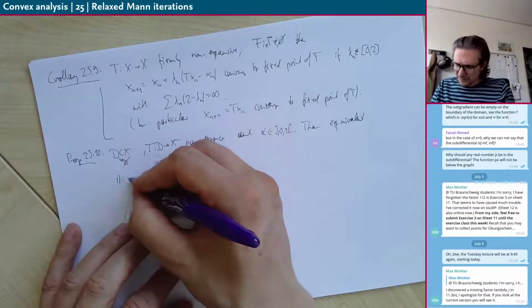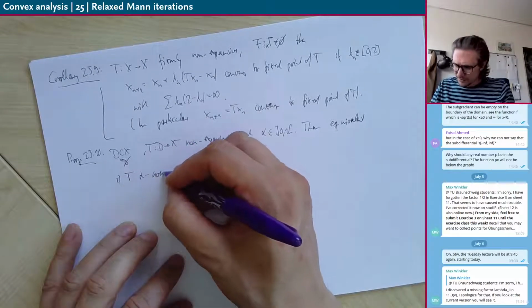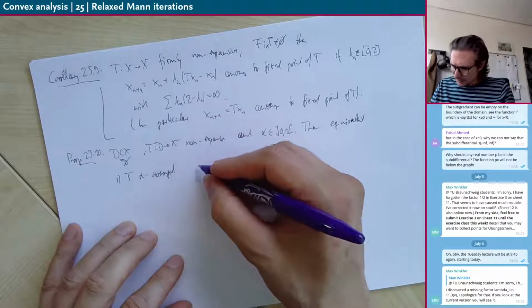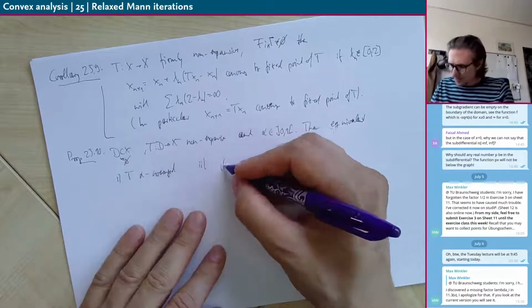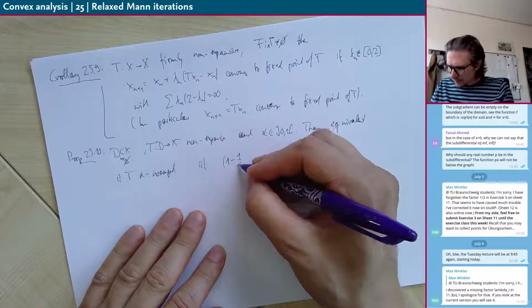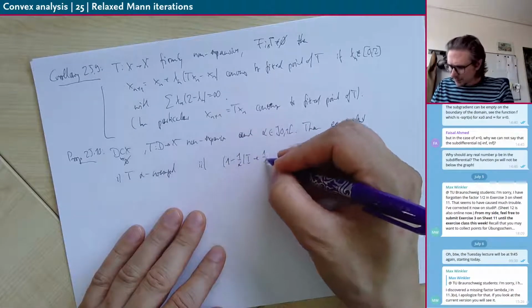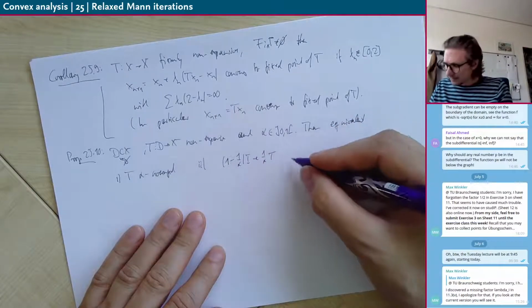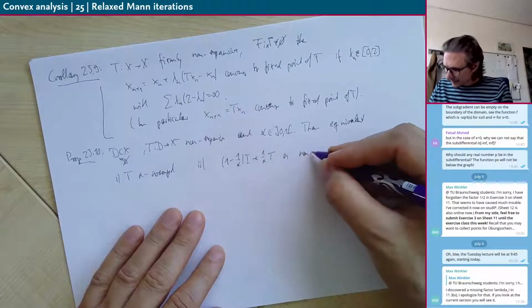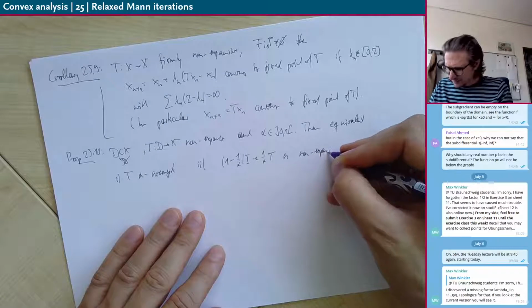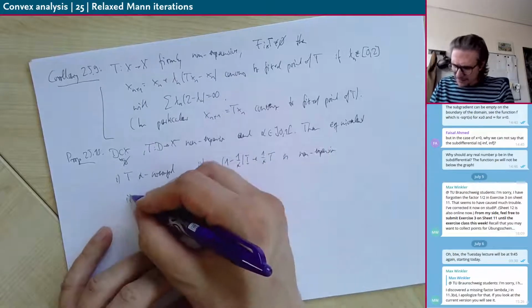The first thing is T is alpha averaged. The second thing is (1 minus 1 over alpha) identity plus (1 over alpha) T is non-expansive. And this we already showed. But there's a third thing.